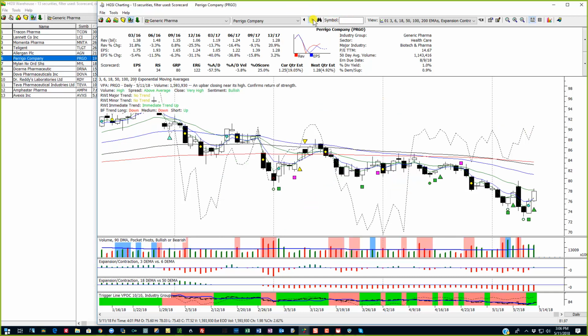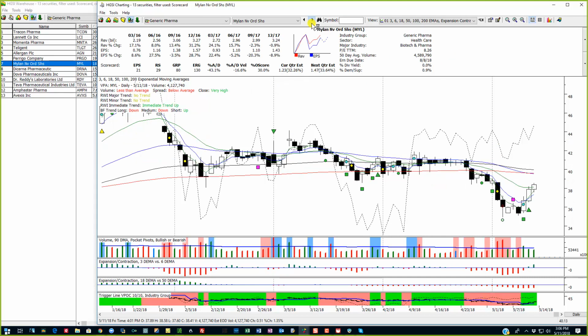play it. Okay, down, but notice again, a lot of these generics are showing signs of life. Here's 2 VPA flags and multiple VPA flags over here, stopping volume, but clearly in a downtrend. I just flip through charts and look at these VPA flags.